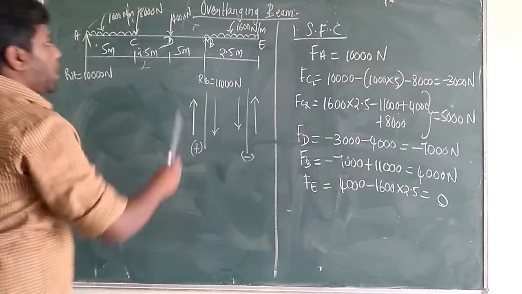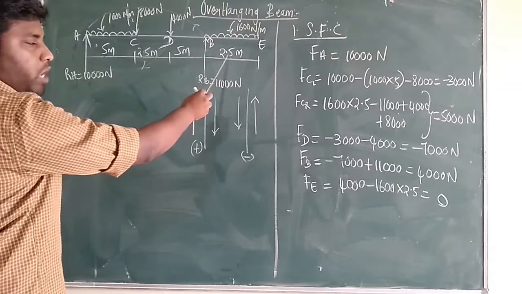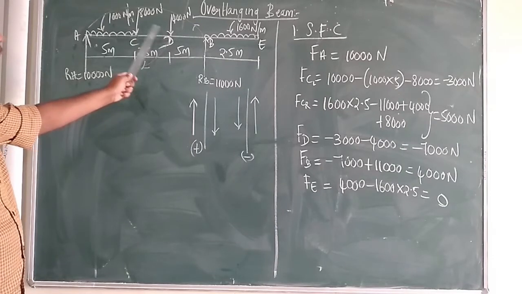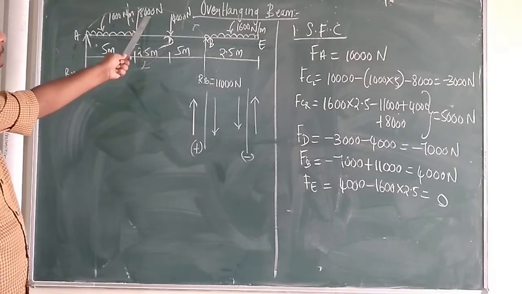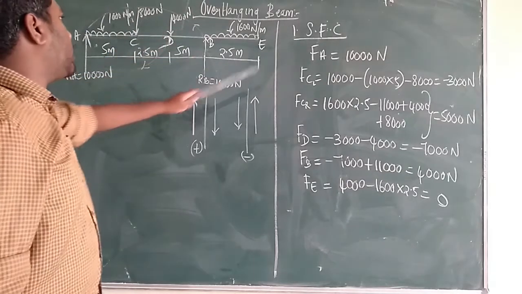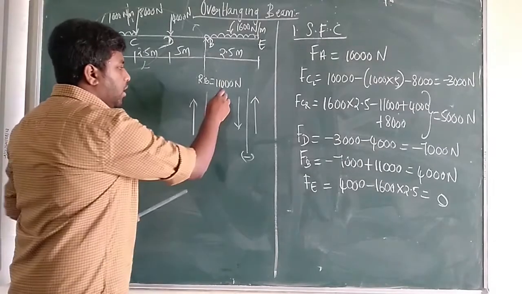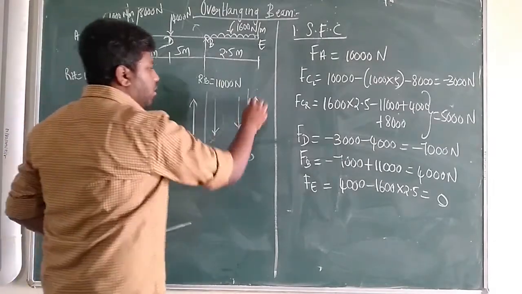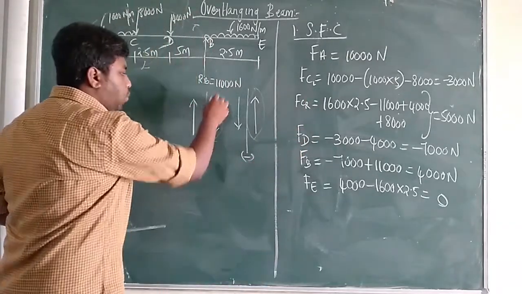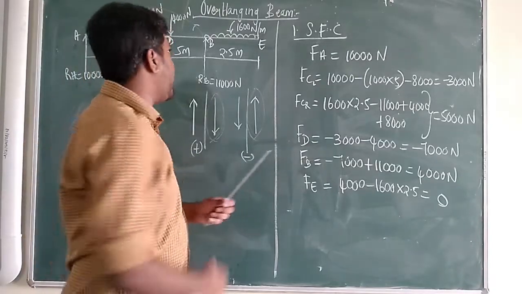So what is in the right section? There is a 1600 UDL over a span of 2.5 meter, there is a point load at D, and there is a vertical load at point C, 8000 Newton. These three loads are in the right of the section, and I am going to consider only this right section's sign convention.